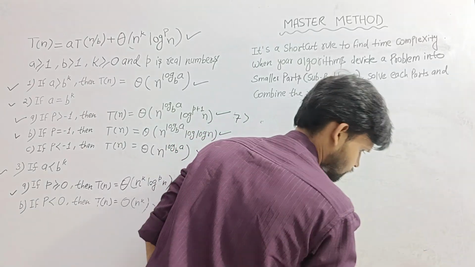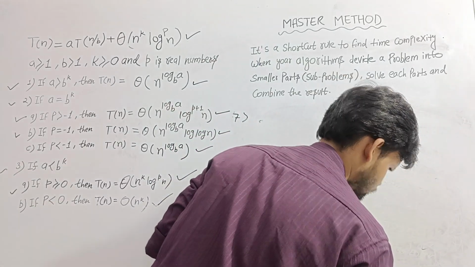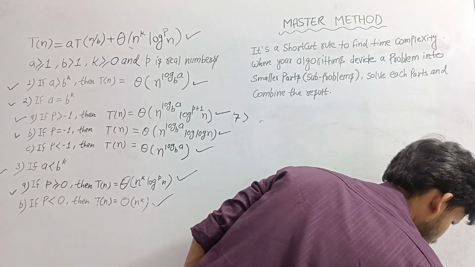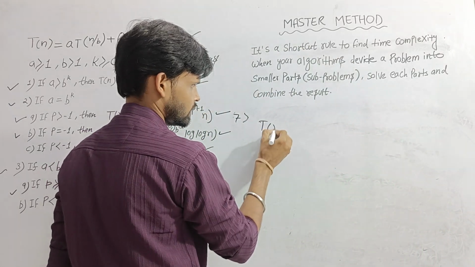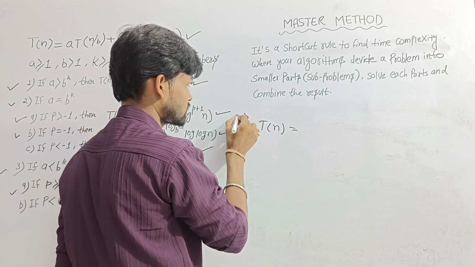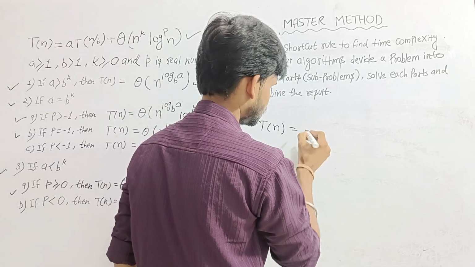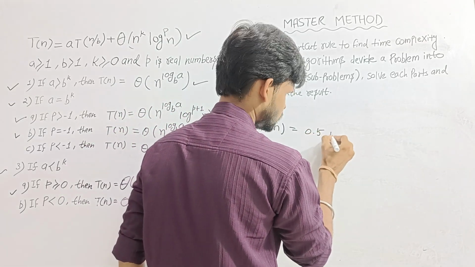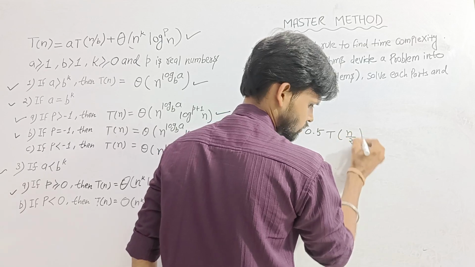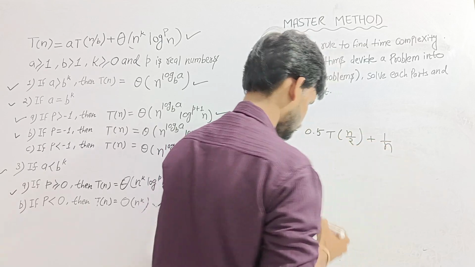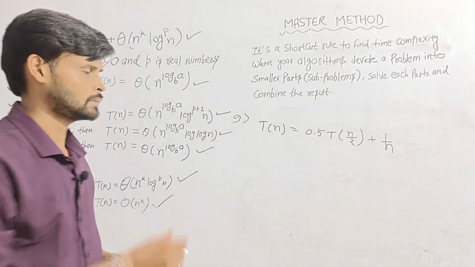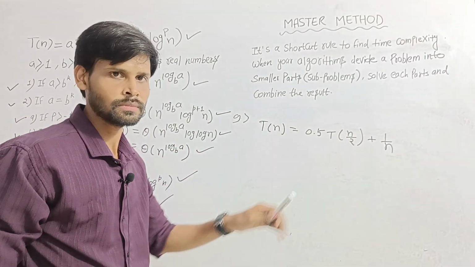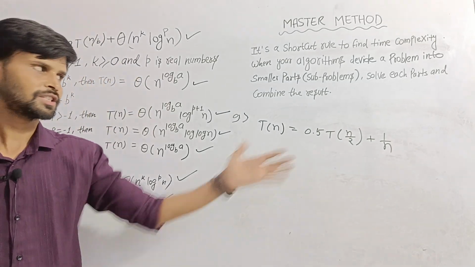The last problem is: suppose that T(n) = 0.5T(n/2) + 1/n. This is a problem and you have to find out the time complexity for it.